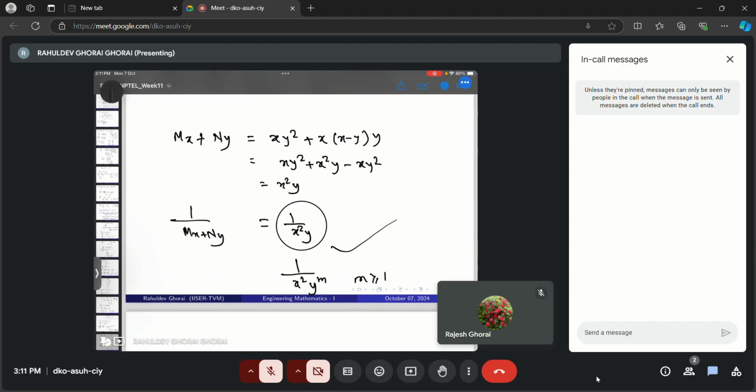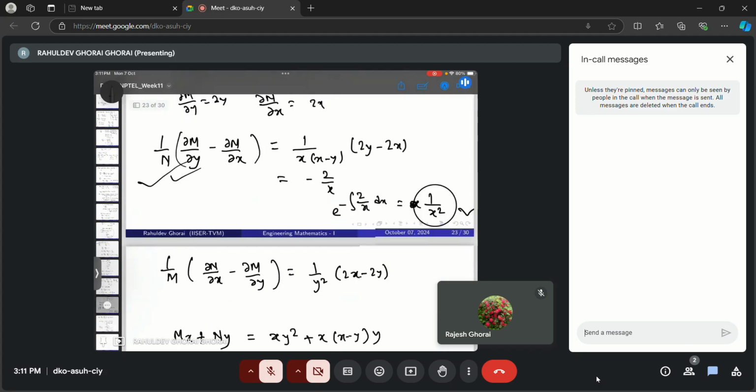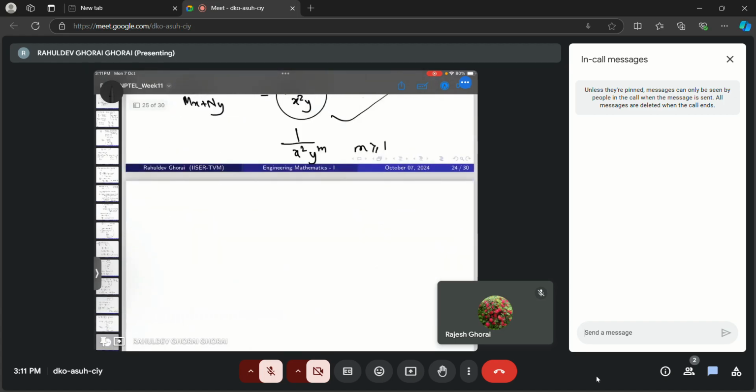So you will see in both cases you get the same answer. Let me also do it. The differential equation is y squared dx plus x times (x minus y) dy equal to 0.